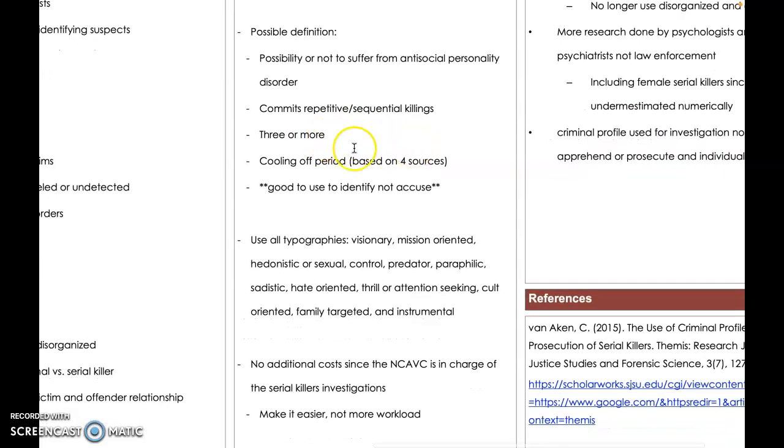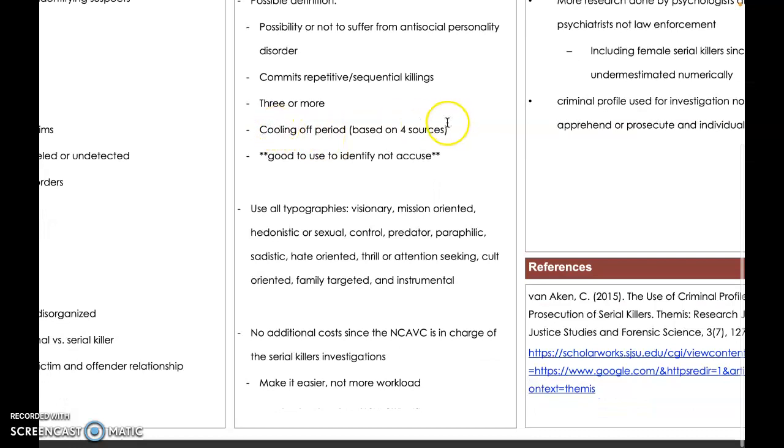She didn't say known, so I'm assuming just expected. Cooling off period: good to use to identify, not to accuse a suspect. So have a lineup, basically, not specifically, oh, this one person did it, and use this against them. Use all typographies when looking into suspects.